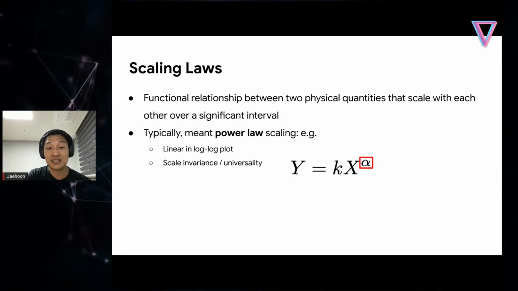As we've seen in the comparison of the LSTM and transformer plot earlier, to see the power law behavior, we can check that the functional relationship between two variables follows a straight line in a log-log plot. In these plots, the slope is given by the exponent alpha. One notable property of this power law scaling behavior is that the relationship is scale invariant.